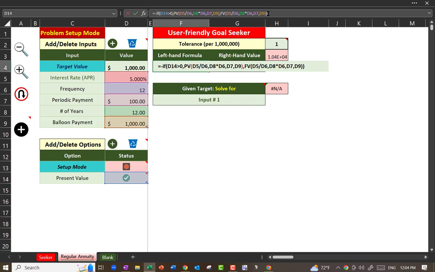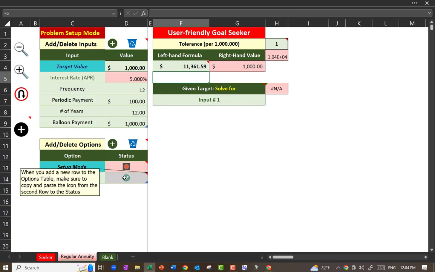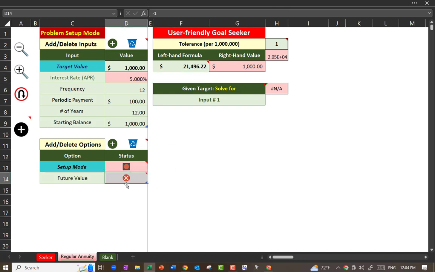I don't like things negative when they don't have to be. So double click, future value. So in the setup mode, just change the inputs. It's going to give you the output or the option.